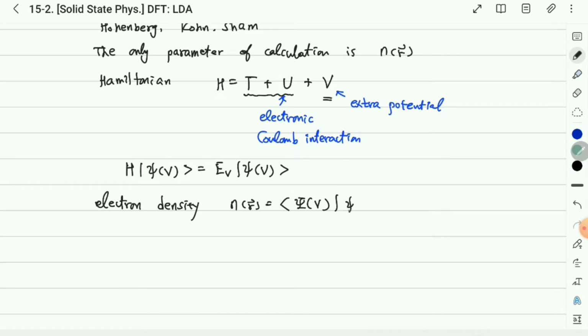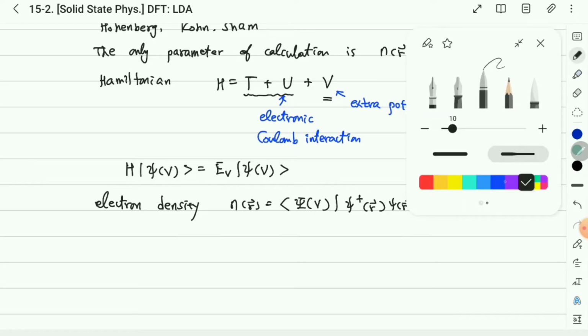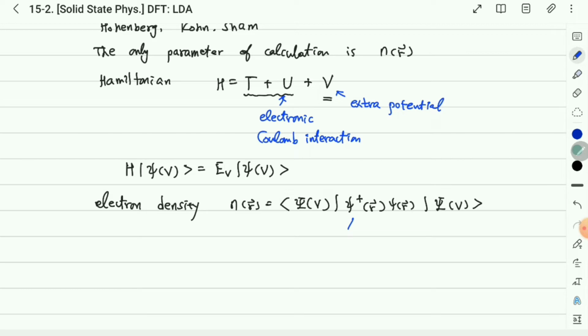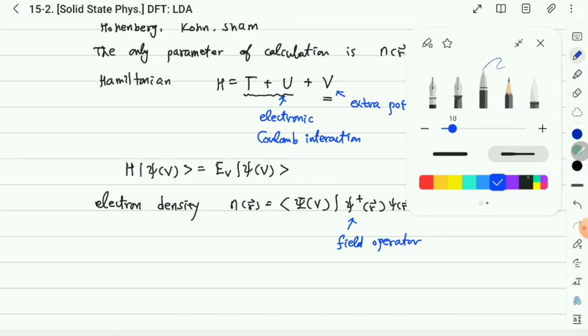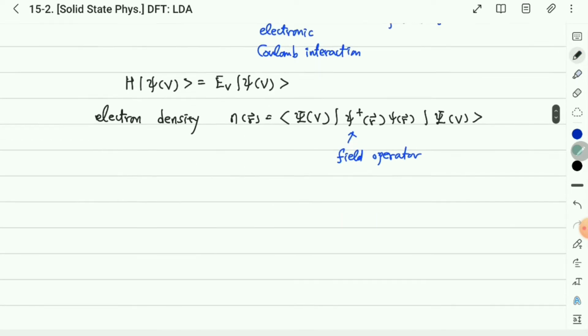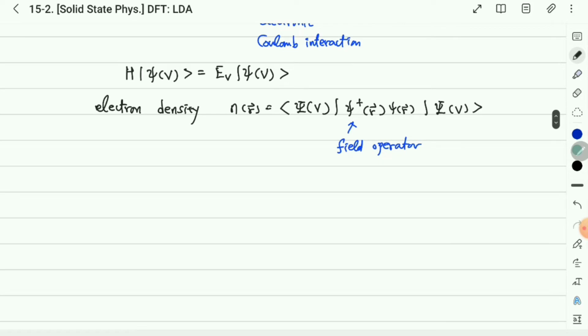Here psi is a field operator. Then I will introduce very important and fundamental theorems without proof.